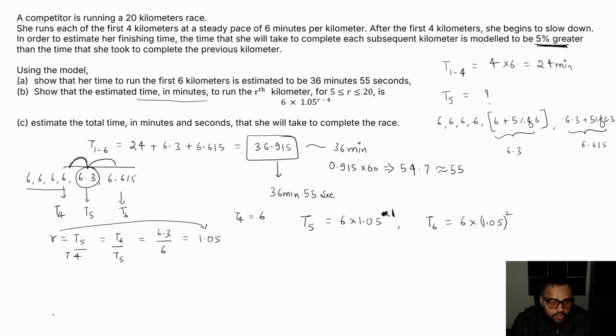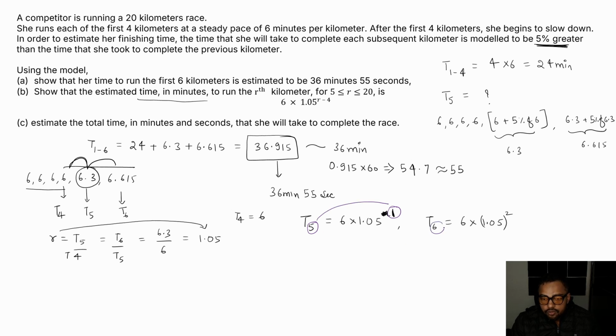Now we need to see the relationship between the number of kilometers and the exponent of the rate, at what interval this particular time is getting increased. So we can see that there is a difference of 5 minus 1, that is 4.